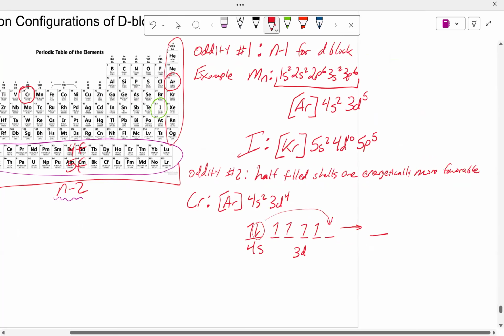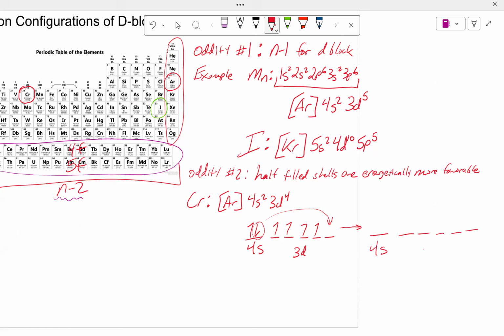what does that look like? I now have a lot of half-filled orbitals, which is energetically a lot more favorable than not having half-filled orbitals. And so my real electron configuration isn't this.